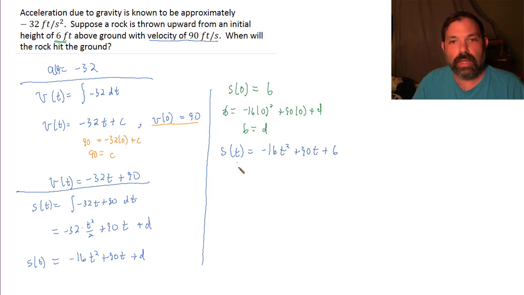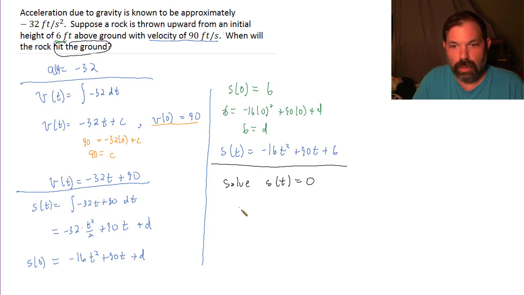When will the rock hit the ground? Well, the rock hits the ground at height 0, at position 0. So now solve s of t equals 0. Negative 16t squared plus 90t plus 6 is 0.